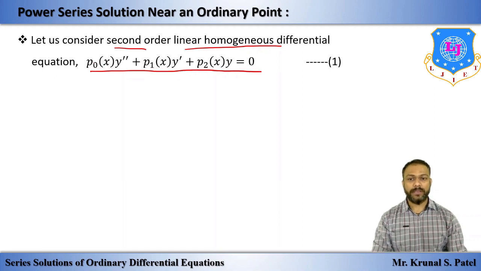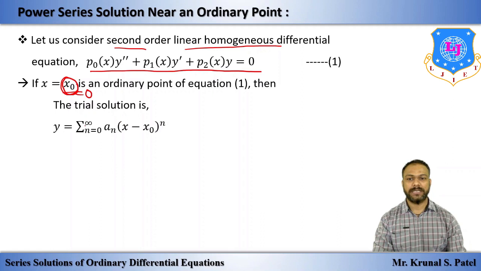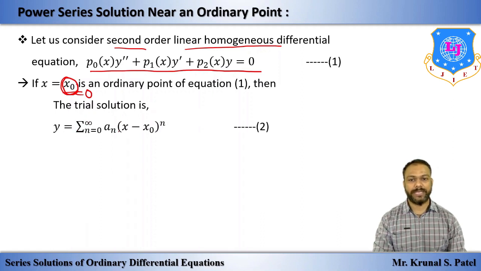Now here you should not divide by this. You have to just check that x is equal to x0, and in our case we always have this value as 0, okay, in this syllabus. So if x0 is an ordinary point of equation 1, then the trial solution is y is equal to sigma n is equal to 0 to infinity a n (x minus x0) whole raised to n.